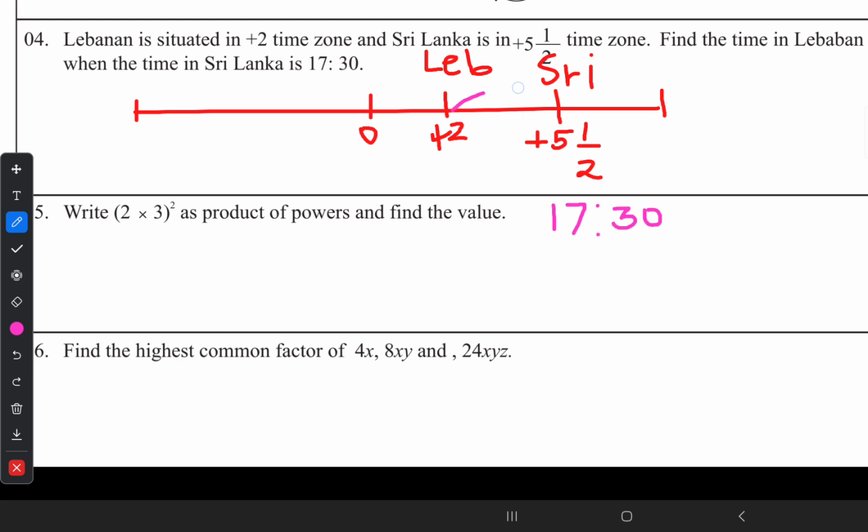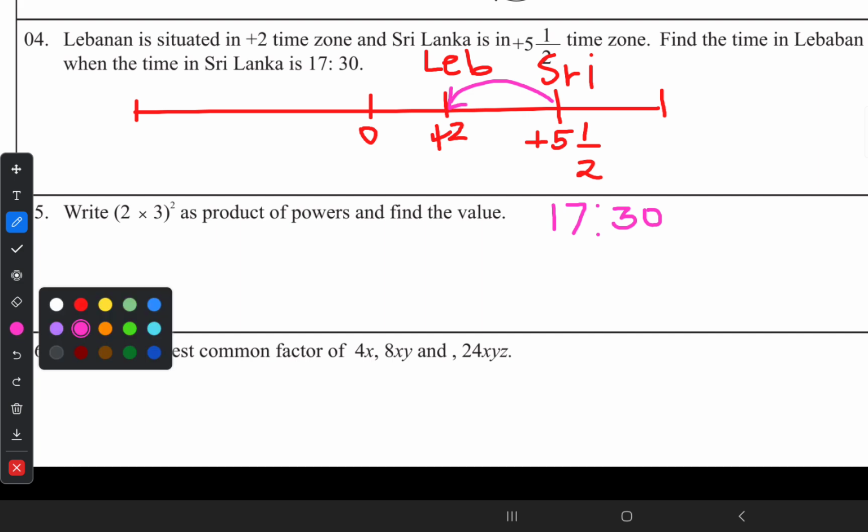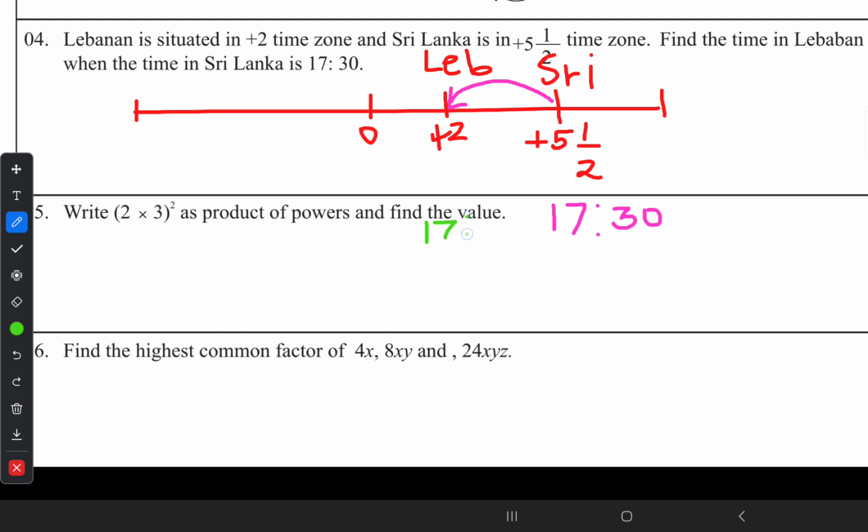So you have to find the difference between these two. 5.5 minus 2 means 3.5. 3.5 means you should subtract 3 hours and 30 minutes. So from 17:30, we are heading backward, left side direction. I explained these things to you earlier also. So this would be 17:30 minus the difference between these two time zones, that would be 3:30.